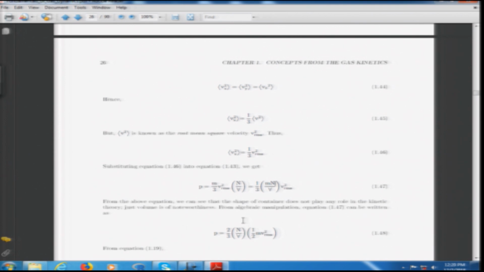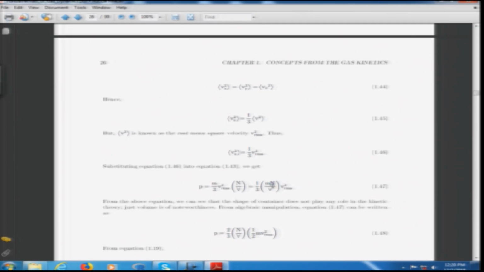Further, we observe that the shape of the container does not come into the picture. For our convenience, we may take a cube of the fluid lump where we are performing the analysis.